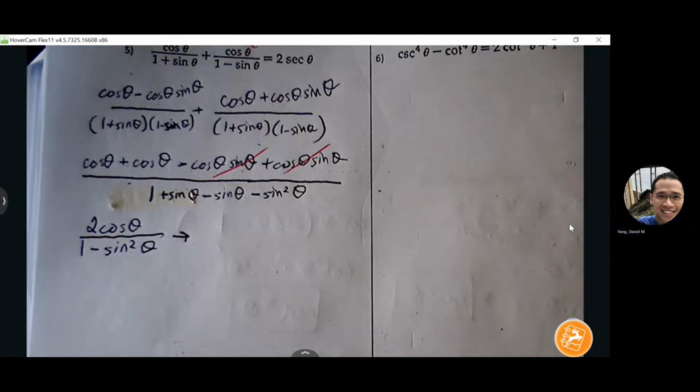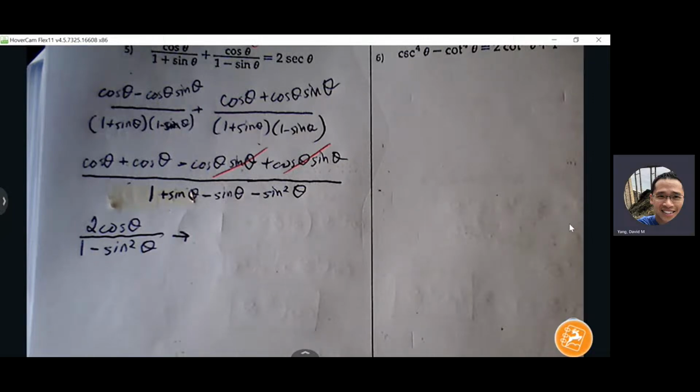Okay, denominator, what can we do there? Make it what? Okay, then what can we do with that 1 minus sine squared?